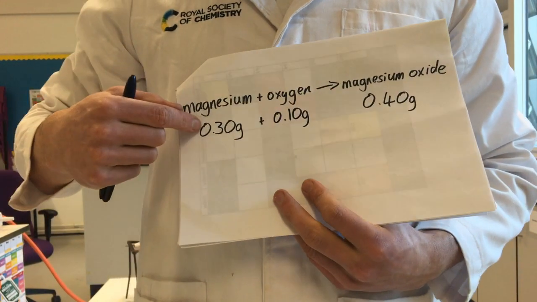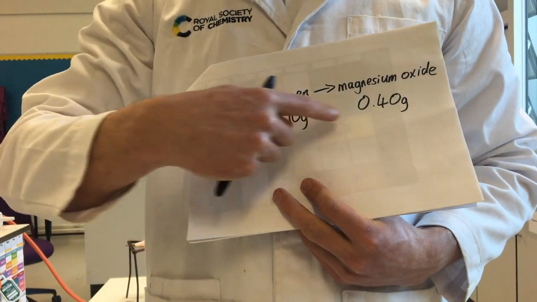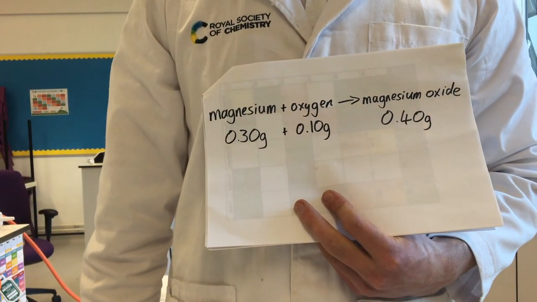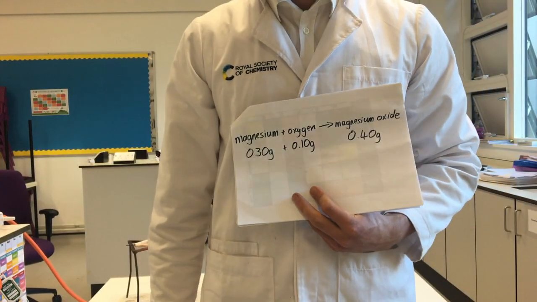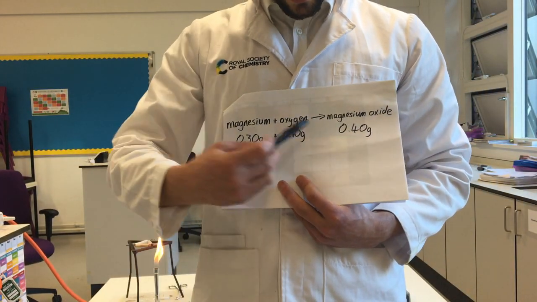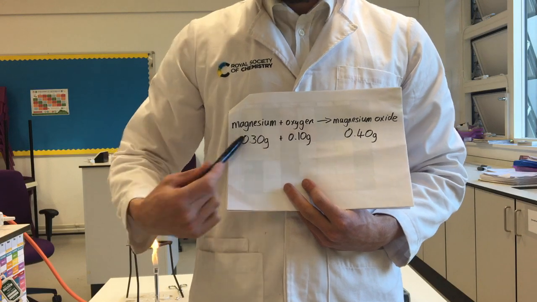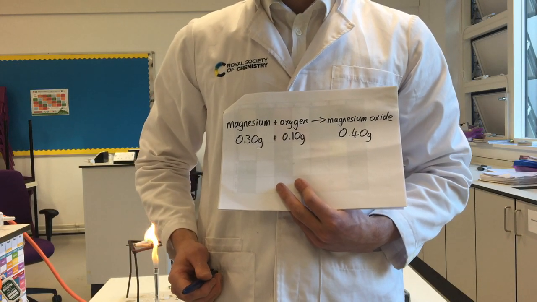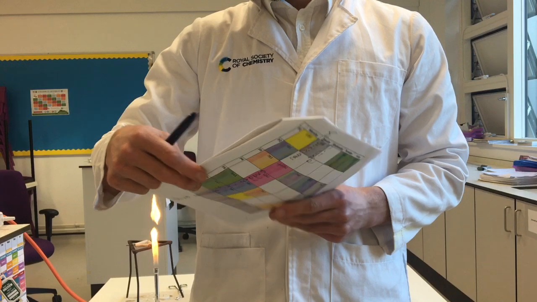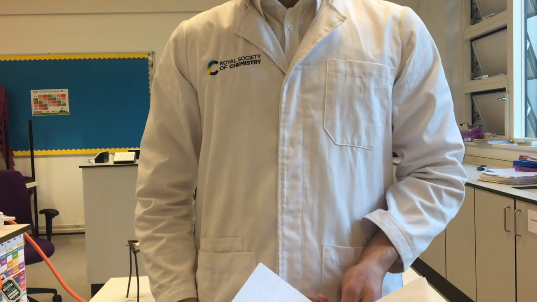There we can see that 0.3 plus 0.1 will make 0.4. That shows something called the conservation of mass, that the mass of the products is always equal to the combined mass of the reactants. And that is a very good illustration of some elements and some compounds.